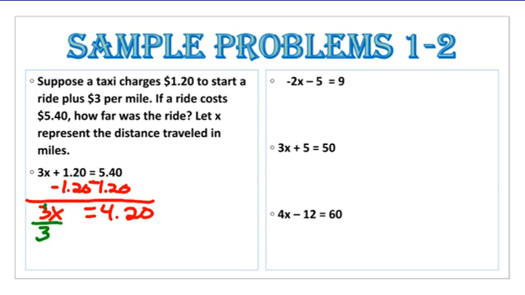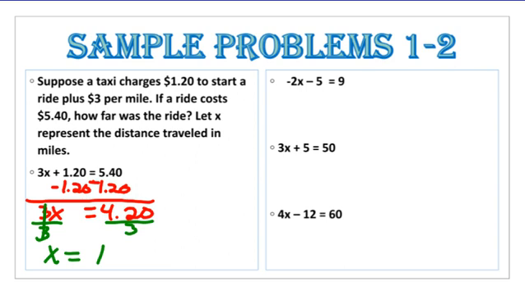Now I can divide by 3 to get x by itself, because the opposite of multiplying by 3 is dividing by 3. 3 divided by 3 is 1x. Divide this side by 3. 3 goes into 4 one time. One times 3 is 3. 4 minus 3 is 1. Bring down the 2.